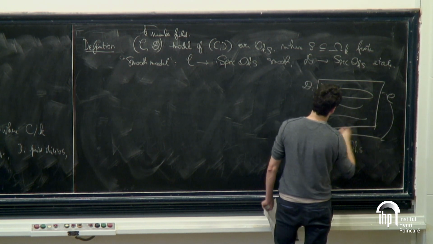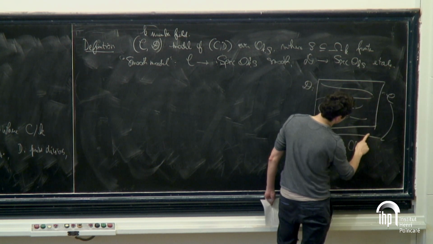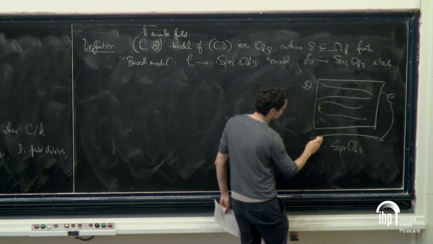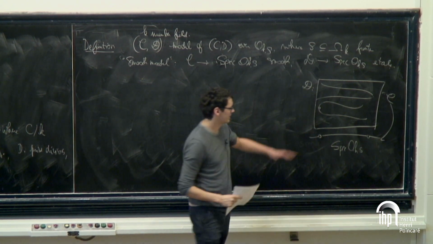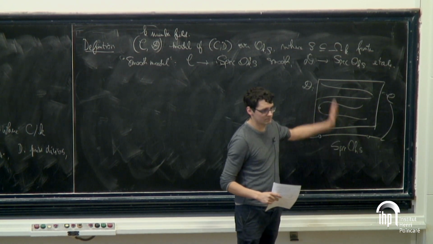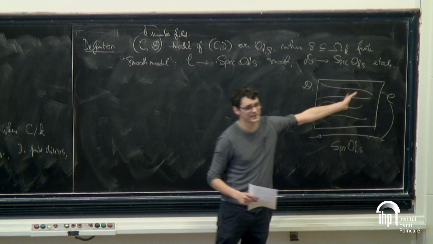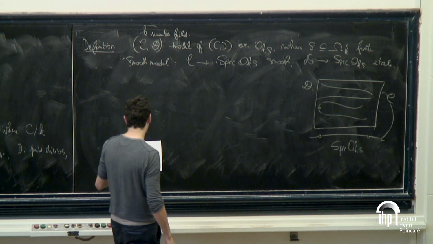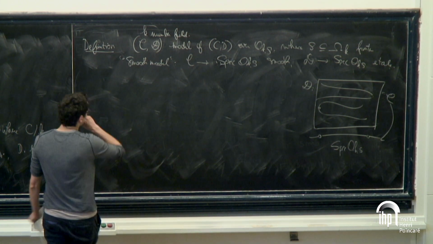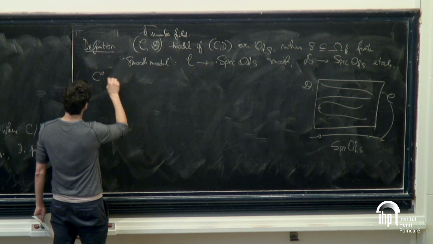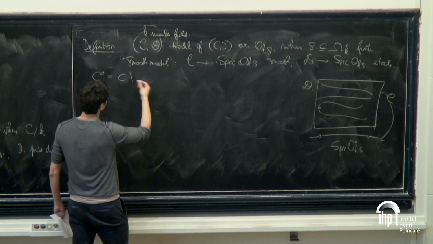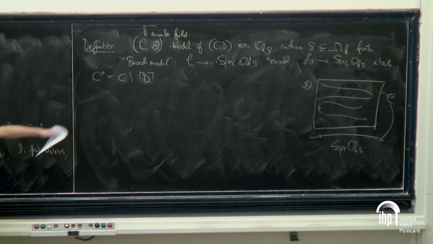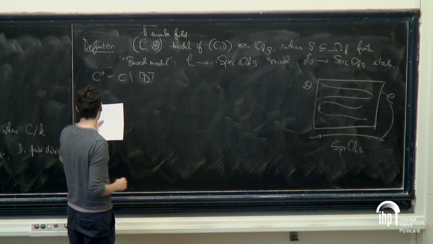And of course, I've made sure that these divisors are étale over the base. So I've deleted all points on the base where they ramify or where maybe two components intersect and so on. So this is really a very nice picture. And I'll write C_0 for the complement of the support of D. I write the roundup of D for the support of D because it's convenient notation in this case.